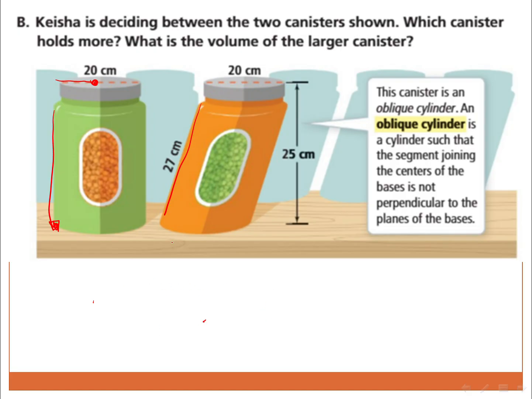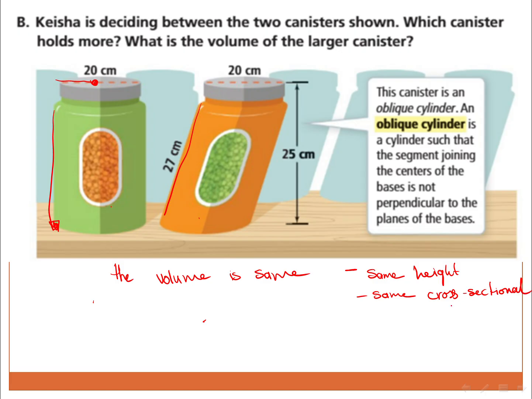So if you evaluate either this one or that one, the volume will be the same for both. Why? Because we have the same height, and also we have the same cross-sectional area for each level.